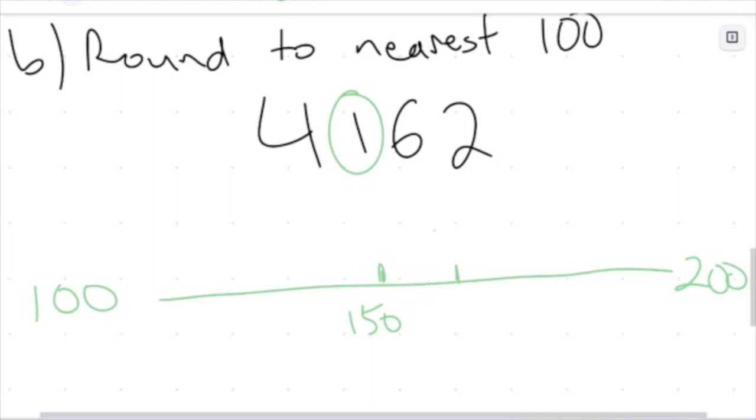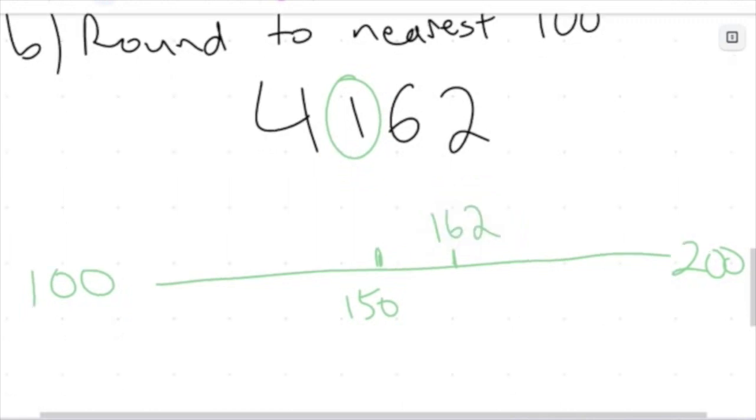So 162 is about here. If I were to round it, we can say it's closer to 200 than it is to 100. So that's why we look at this idea of 5 and above, as the 5 is always the midpoint. So if we're there or greater, our number is going to be closer to the one above than the one below. So it's closer to 200 here.